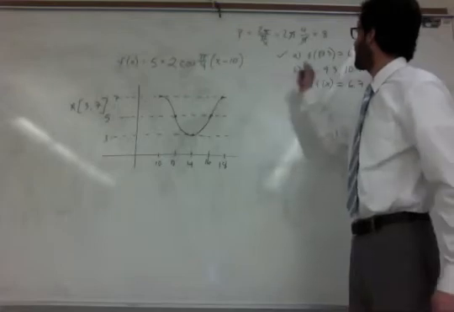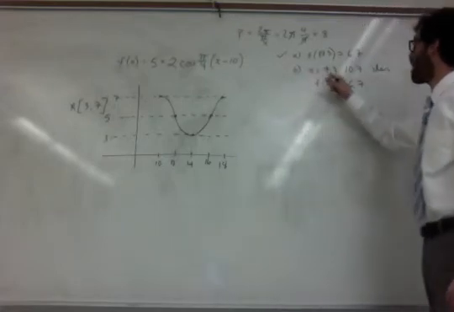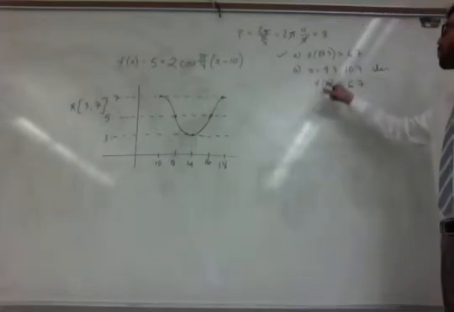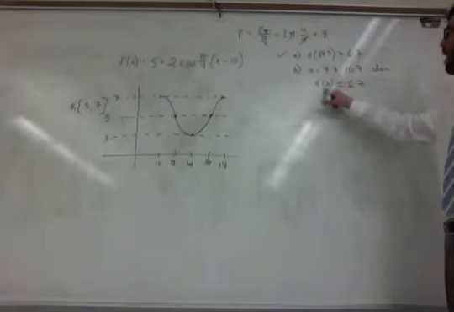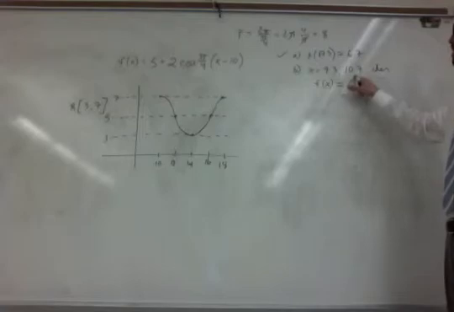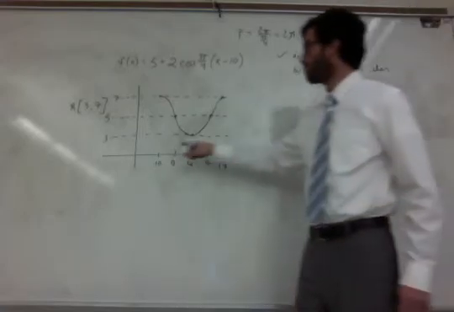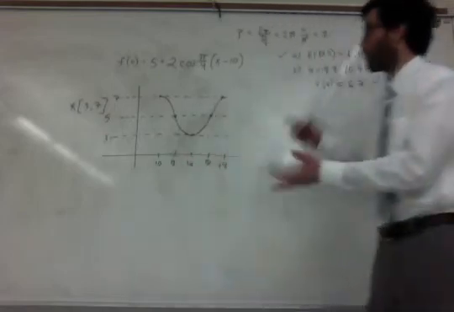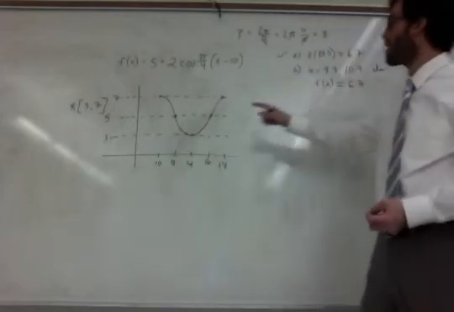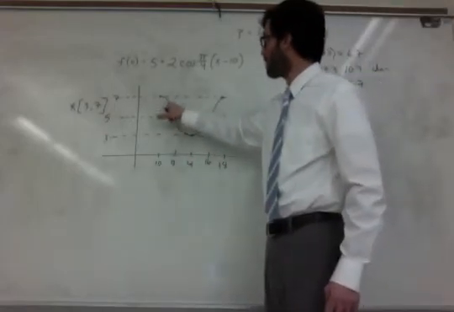Next, when y was 6.7, we got 9.3 and 10.7. Let's see. When y is 6.7. So again, that's kind of coincidental how that happened, all right? When y is 6.7, we're up here somewhere.